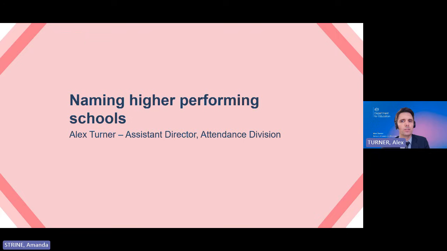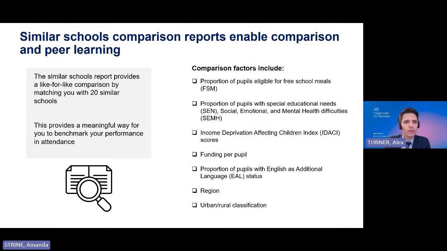Before we get into the naming of schools, let's just do a quick reminder on what the Similar Schools reports tell you. The Similar Schools reports provide a like-for-like comparison, matching you to 20 schools that face similar challenges to you, schools with comparable levels of deprivation, special educational needs, similar funding, and location.